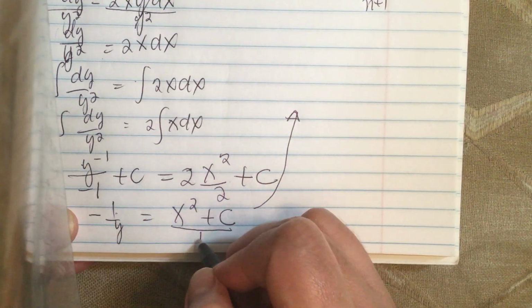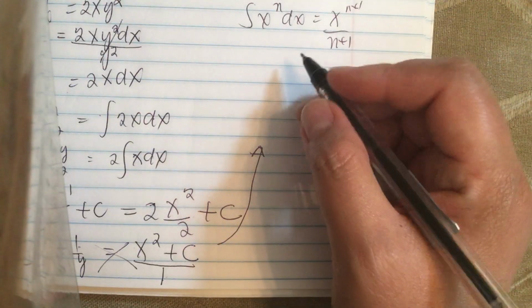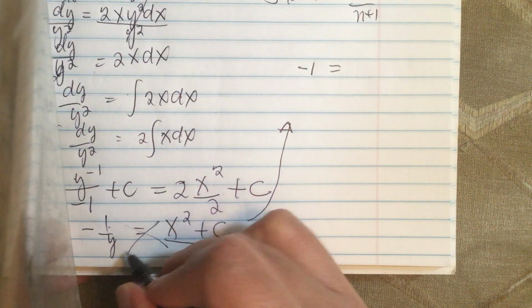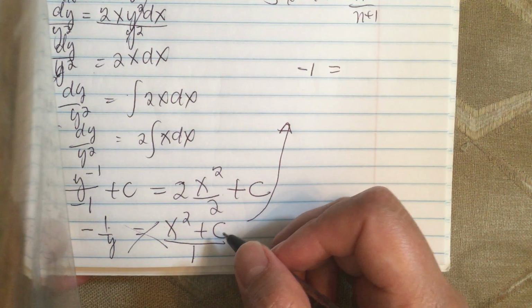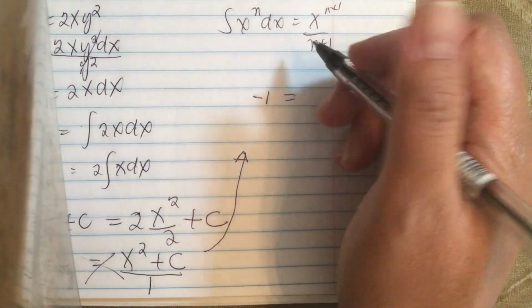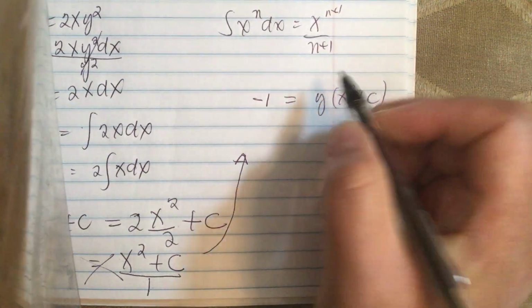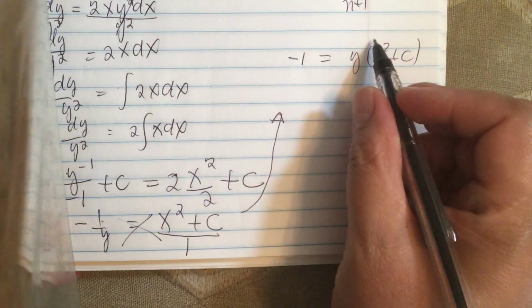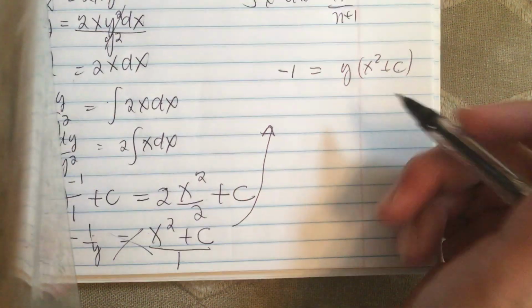So we cross multiply. So we get minus 1 equals, if you open everything, you'll have to clean it all up later. So be careful what you open. Minus 1 equals y times x squared plus c.